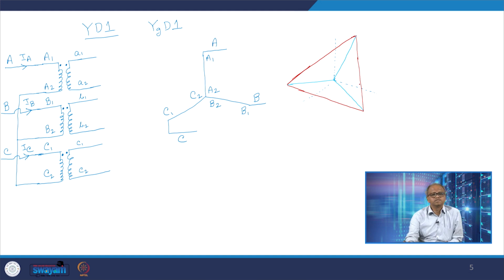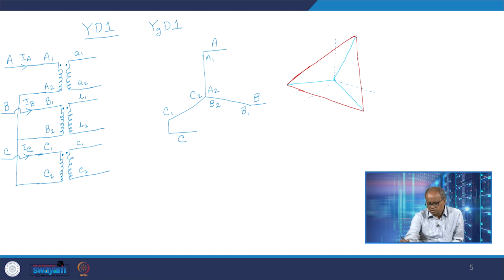So these vectors which are drawn in brown, I will actually get these voltages. These vectors which are in solid blue are the virtual ABC voltages, and this virtual ABC voltage is 30° lagging that of the star side ABC voltage because of this vector connection YD1.